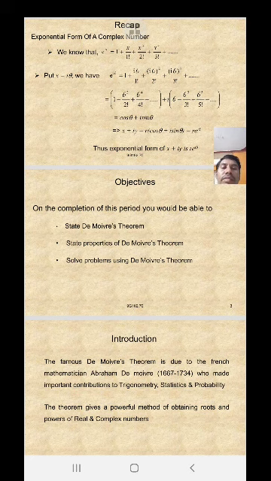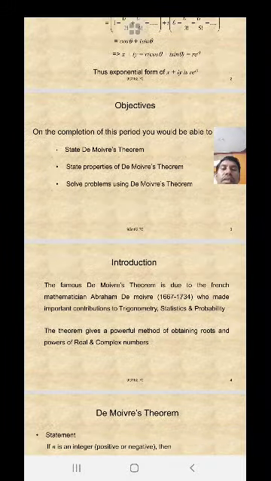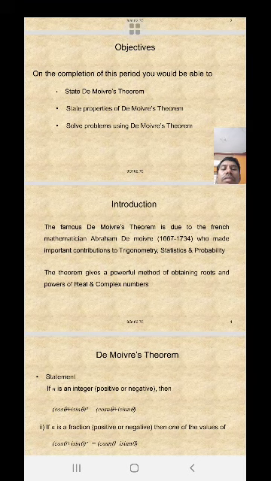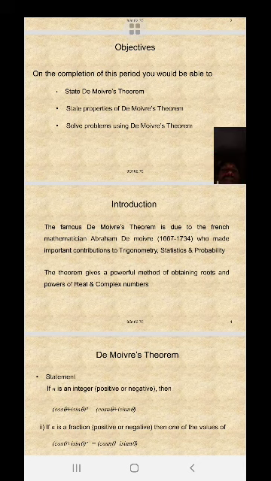So, introduction. The famous De Moivre's theorem is due to the French mathematician Abraham de Moivre, 1667 to 1734, he lived in that period.